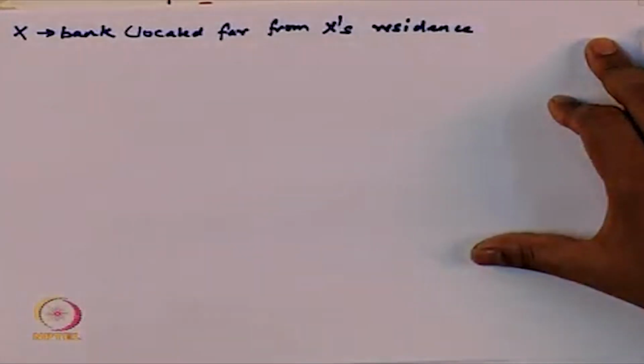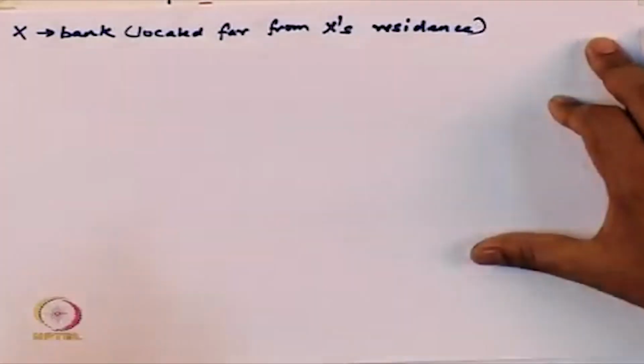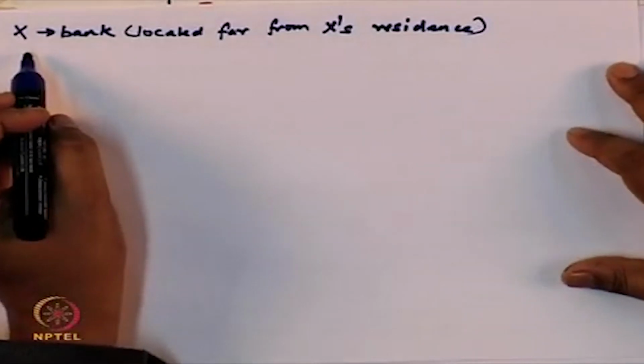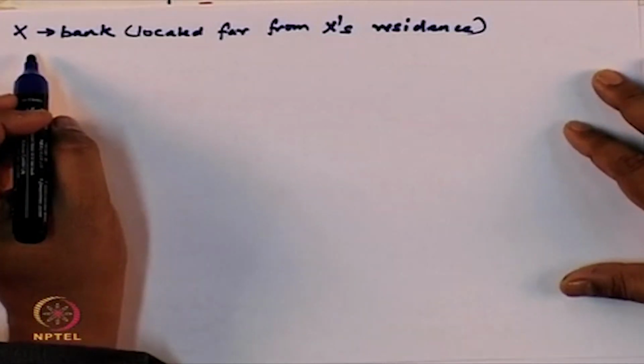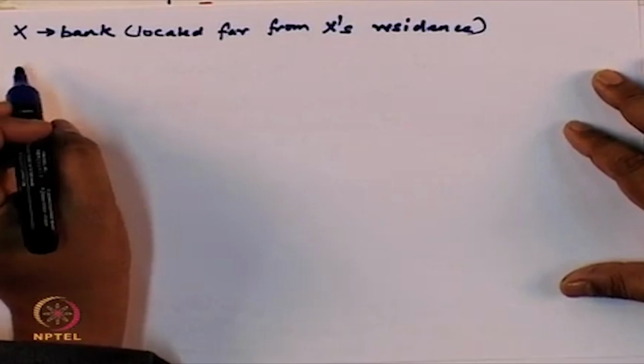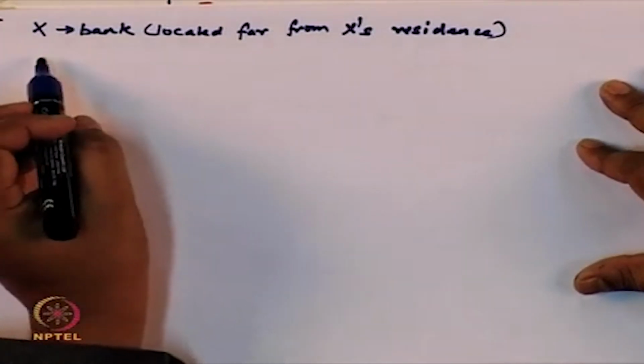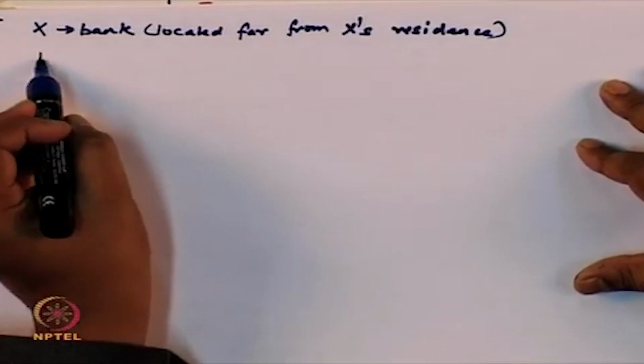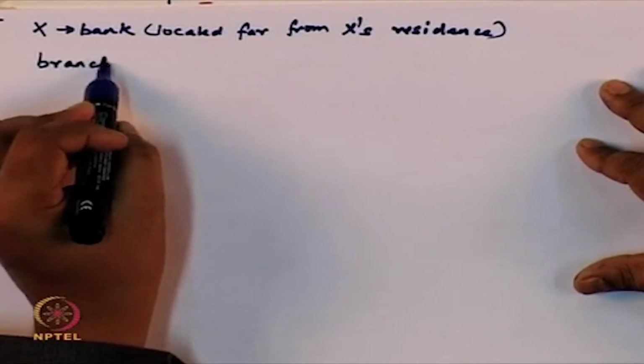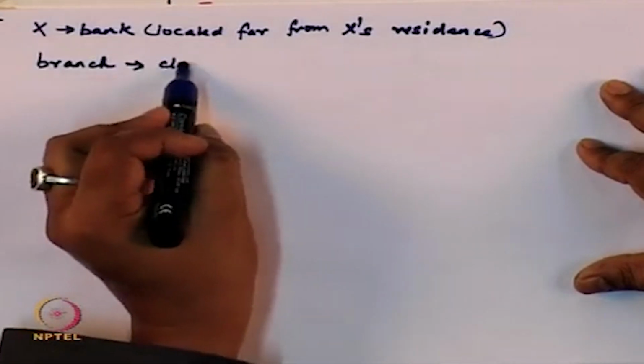He is eager to join a bank which is close to his home, and he has gotten a piece of information that the bank is considering opening a branch. So, the bank wants to open a branch which is close to X's home.